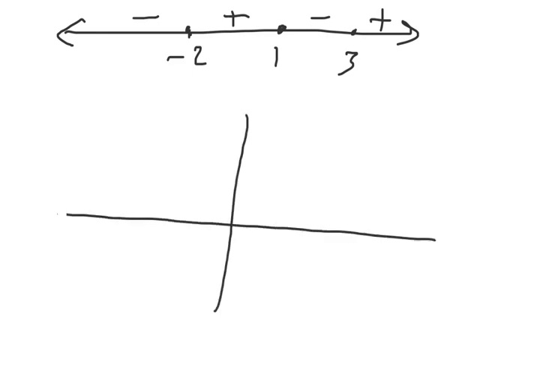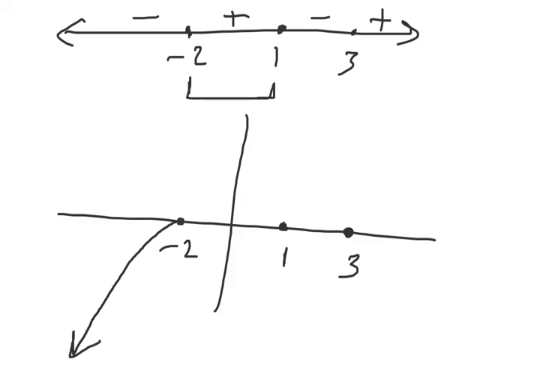First, we have to put all the zeros: 3, 1, minus 2. Because less than minus 2 is negative, the graph looks like that. Between minus 2 and 1 is positive, that means it's up.